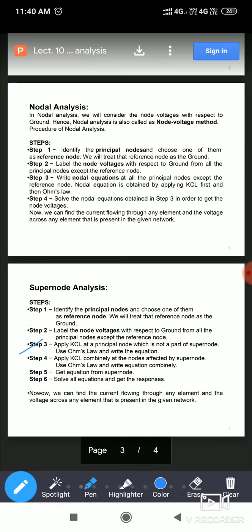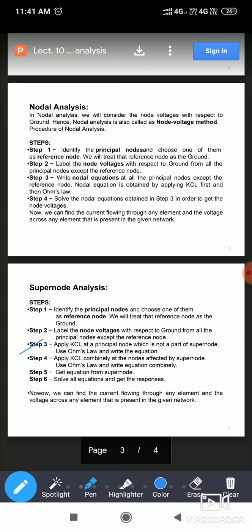In that case we have to apply KCL combinedly. How do we apply KCL combinedly? Just leave the super node part. The branch that is part of the super node, you temporarily keep aside, keep it as it is, and for the remaining branches you can apply KCL combinedly. When we solve it, you will understand this.